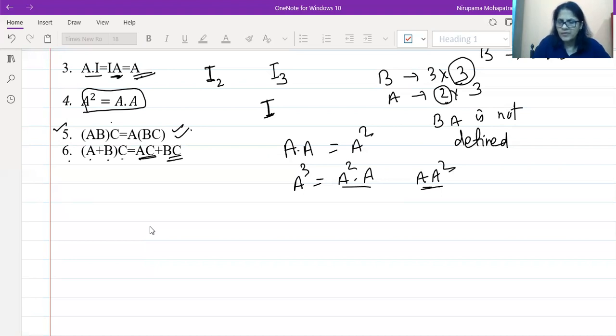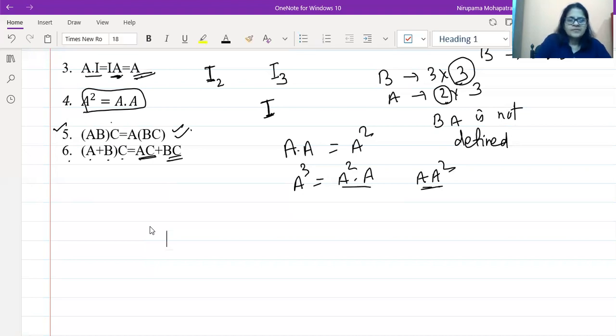Whenever we say A plus B, it means A and B are of the same order. And for A plus B into C, the number of columns in A plus B should be equal to the number of rows in C, so the product should be defined.